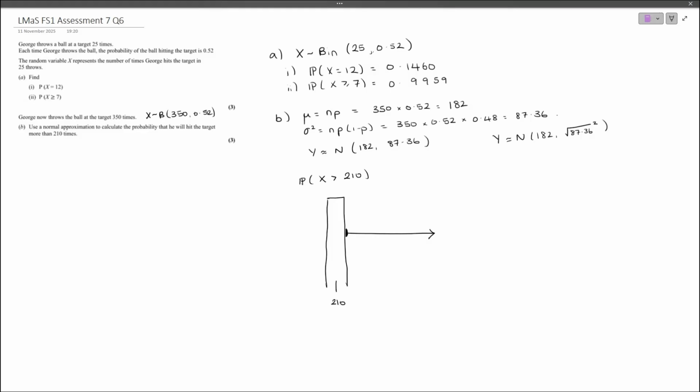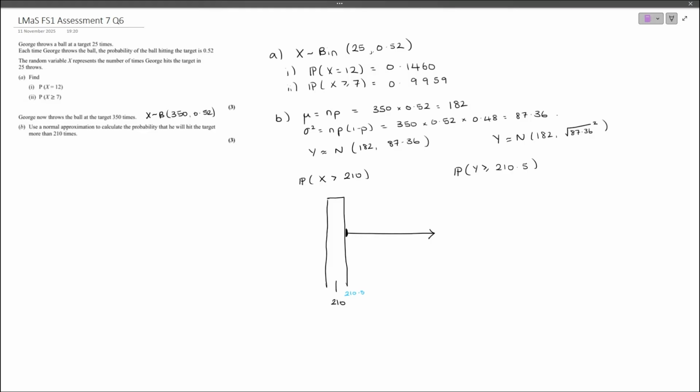So what value am I going to start at for my continuous distribution? I'm going to start at a value 210.5, the top end of the bar centred at 210. So this is going to become the probability that Y is greater than or equal to 210.5.